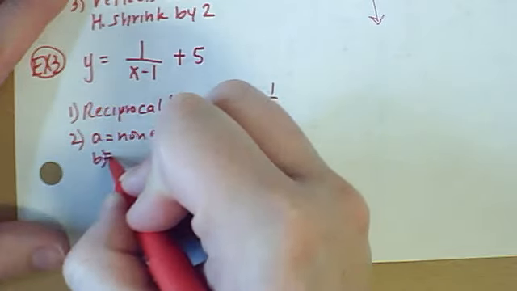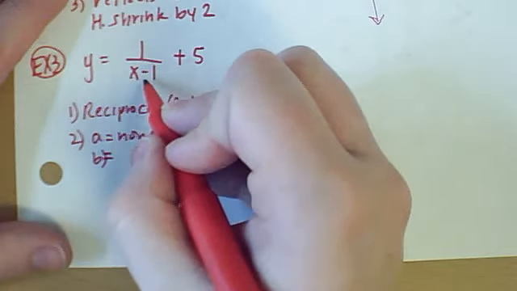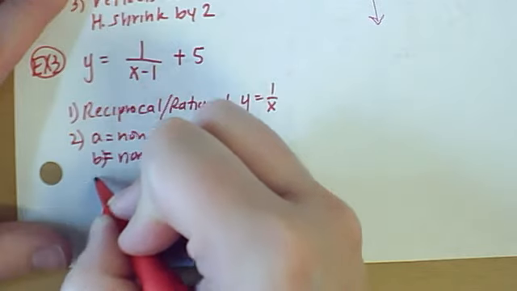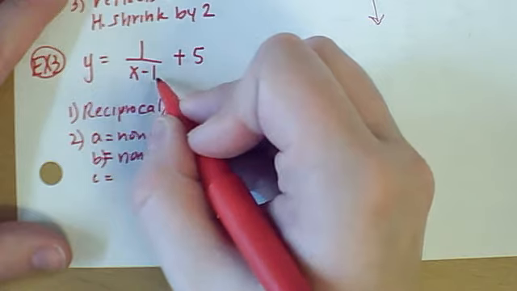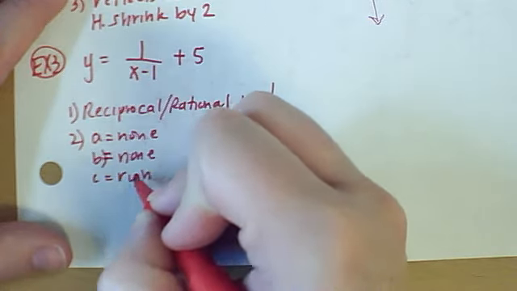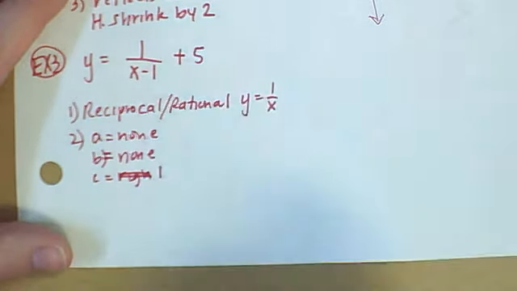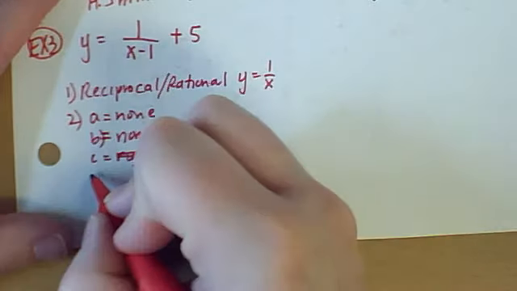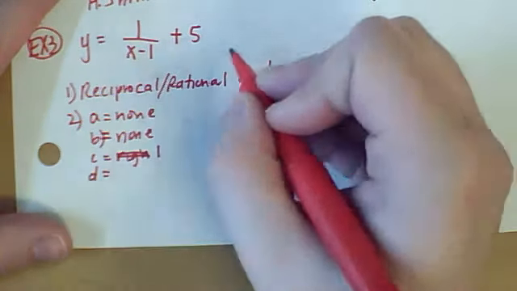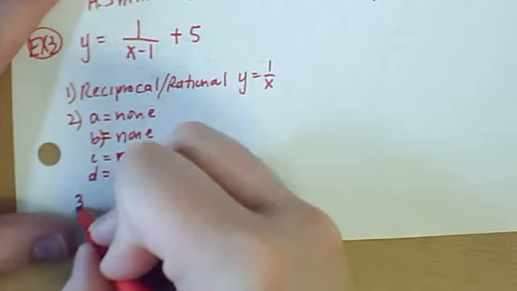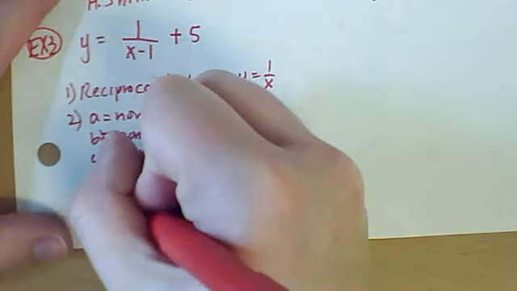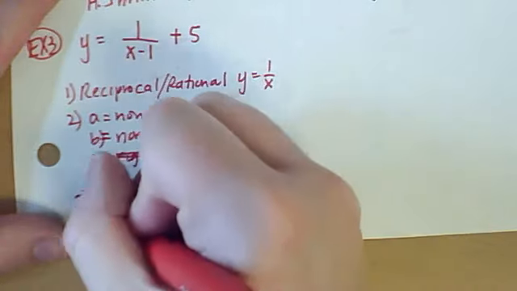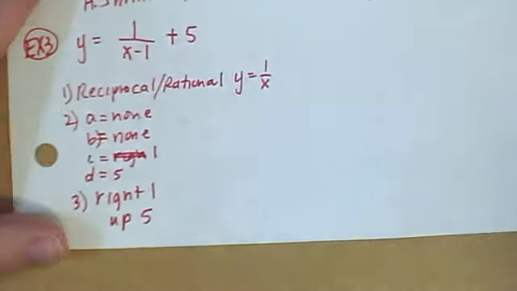My b, there's not a number being multiplied with that x, so there's none. My c, there's something being subtracted from x, so that means it's going to go right 1. Oh, I just need to put 1 since we're writing what the value is. Sorry. And my d is 5. So here is where I need to list what it does. So c, it's going to go right 1, and d, it's going to go up 5.